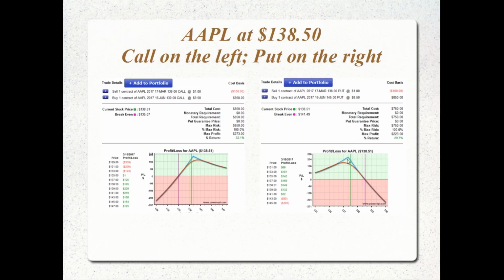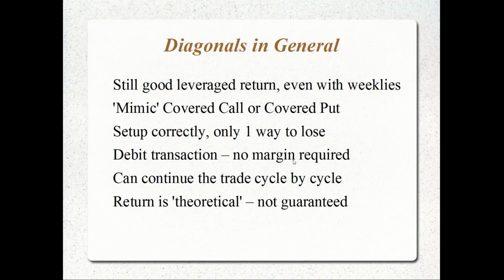It is where you wouldn't have to pay anything to buy to close the short option, or even if it expires, but the long option would have the max theoretical value against any buyback cost on the position for the short options. Okay? So, diagonals in general still give you a good leverage return, even using weekly series.